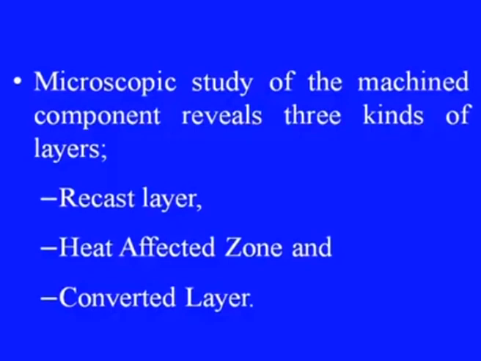Microscopic study of the machined component reveals three kinds of layers. One is the recast layer, another is the heat affected zone, and the third one is the converted layer. If the molten layer from the workpiece is not flushed out quickly, it will re-solidify and get hardened due to the cooling effect of the dielectric, and it gets adhered to the machined surface.